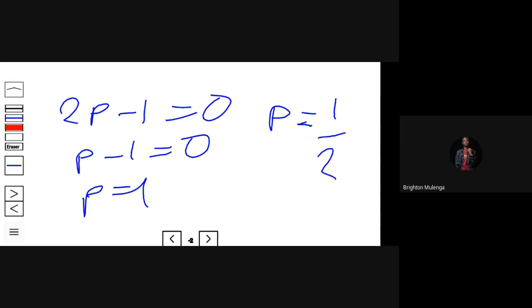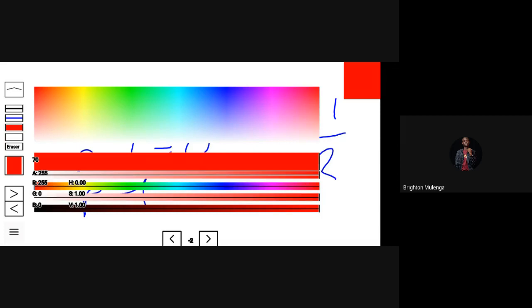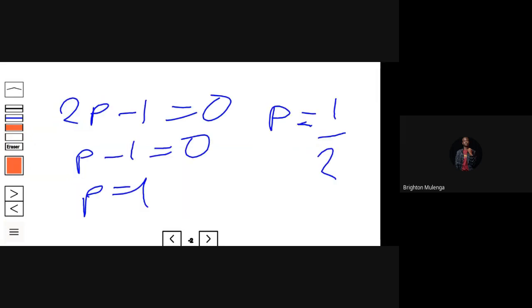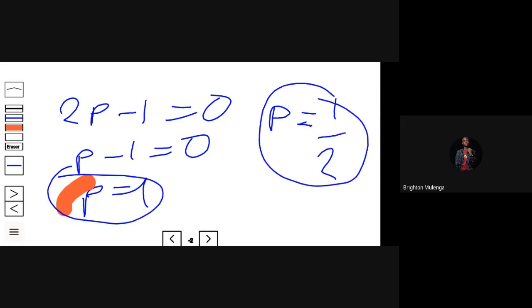So from there, since we said p is equal to 2 to the power x, then replace whatever value you found for p, then equate it to 2 to the power x.